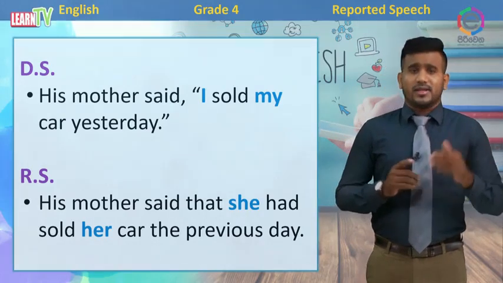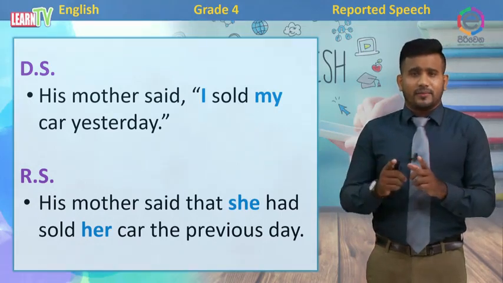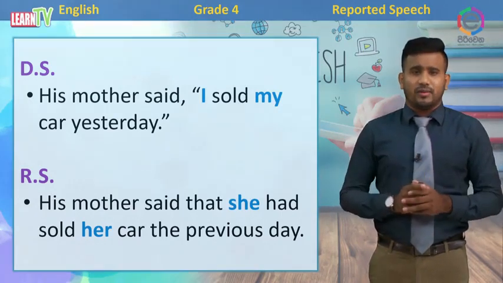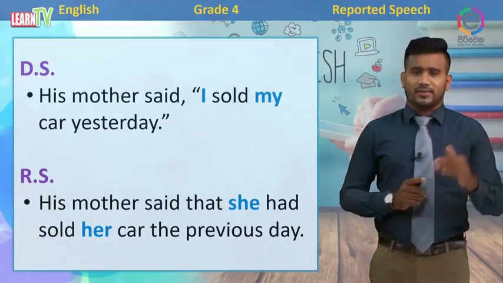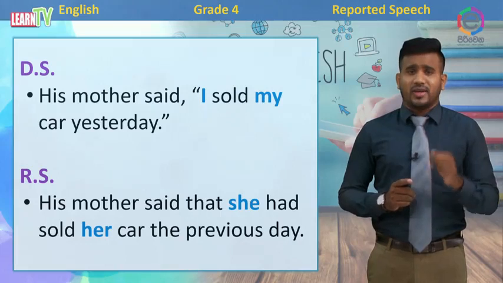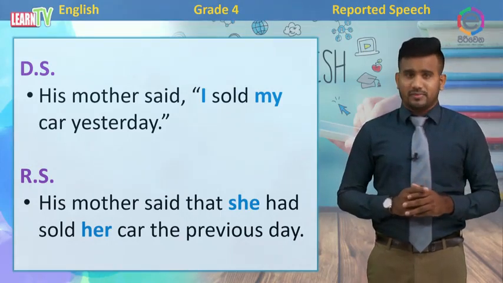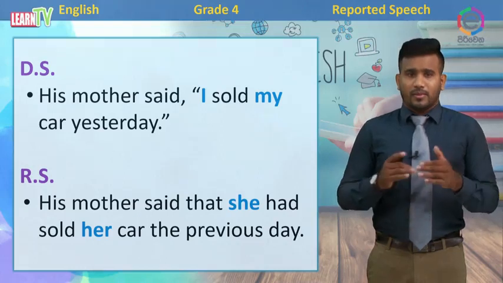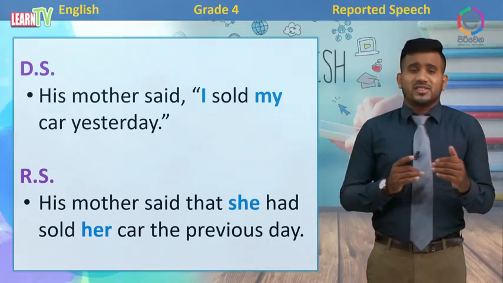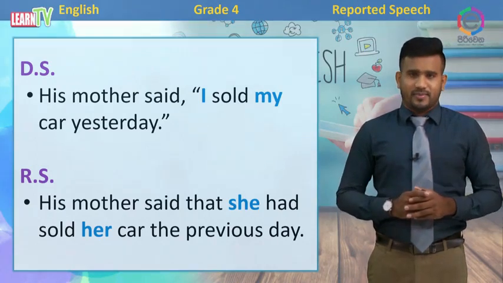In direct speech, the word I stands for his mother. So that's why we have changed that word to she in reported speech. My car has been changed to her car. So now you can understand them.